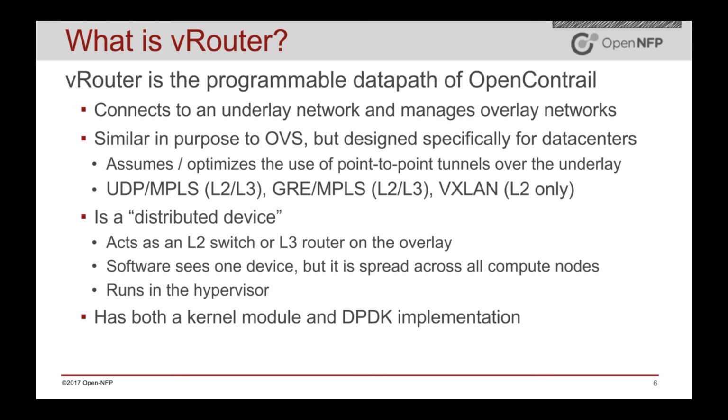So sometimes this is often referred to as a layer 3 SDN type solution, hence the name vRouter versus vSwitch. It does have both a kernel module implementation and a DPDK user space implementation built from the same code base, right? And that code base, again, is all open sourced on OpenContrail.org.